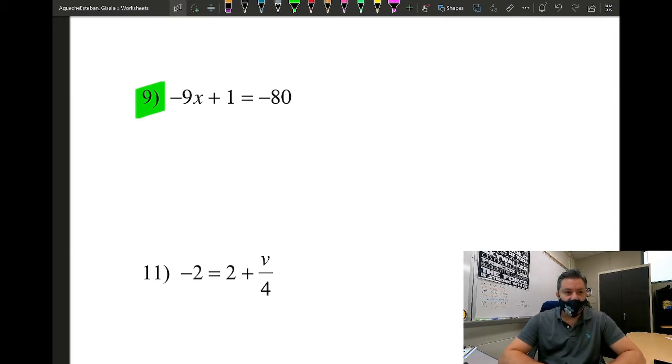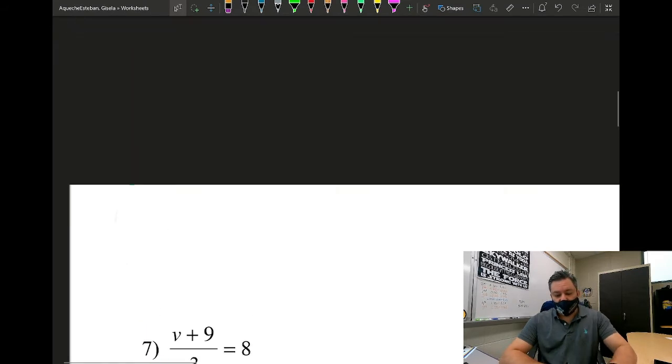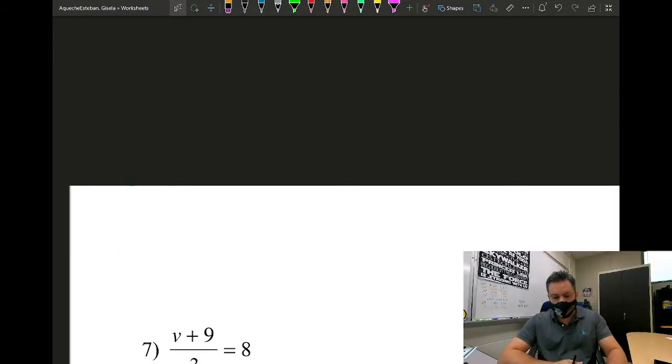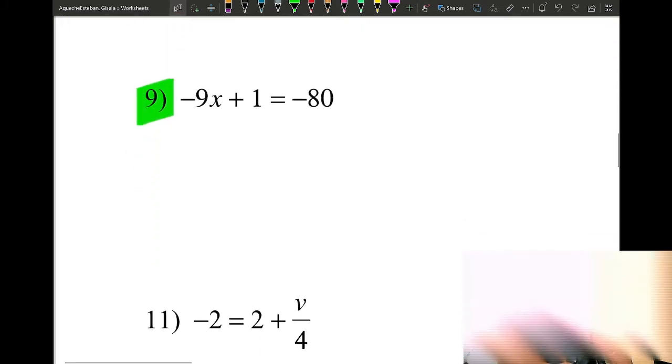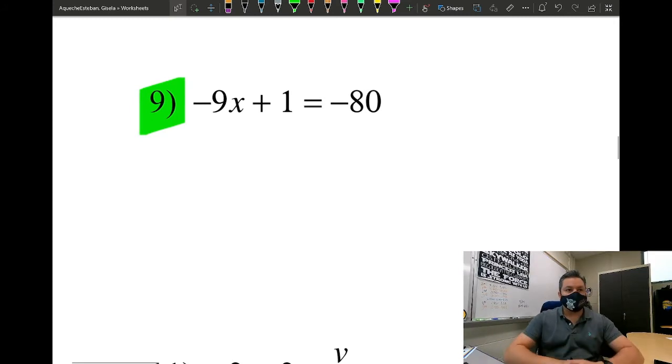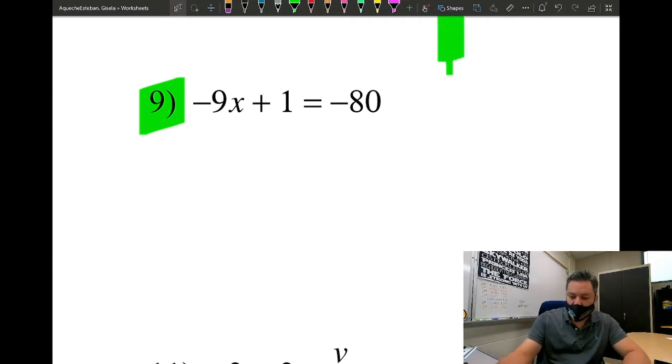This is to solve equations, and this is to undo it the other way. So the first thing we're going to get rid of, let's call this friends and family.